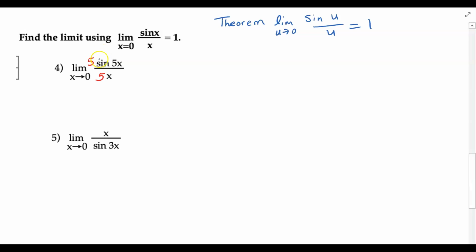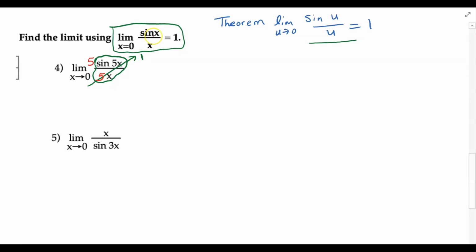Okay? So I'm going to then see that it now follows my limit theorem. I'm going to put a ring around it. So right there, it says sine of 5x over 5x. So this follows this theorem over here, that the sine of 5x over 5x for the limit as x approaches 0 is just 1.